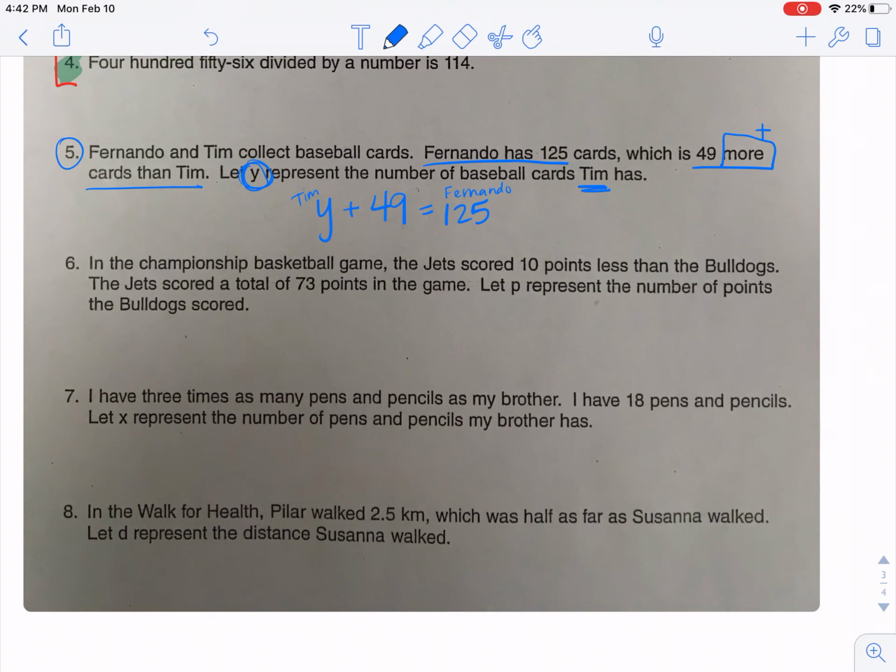Let's read the word problem one more time and make sure that our equation matches the word problem. Fernando and Tim collect baseball cards. Fernando has 125 cards. That's good, that's what I put.